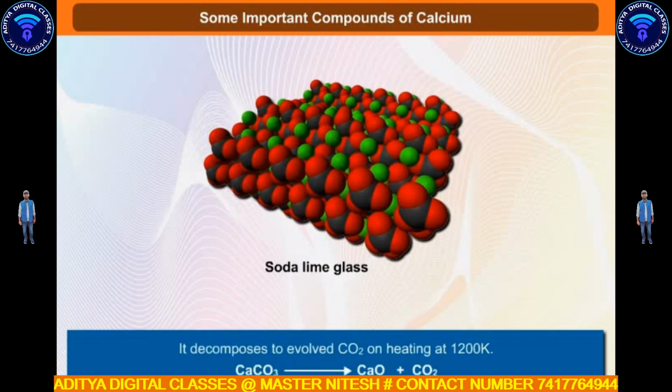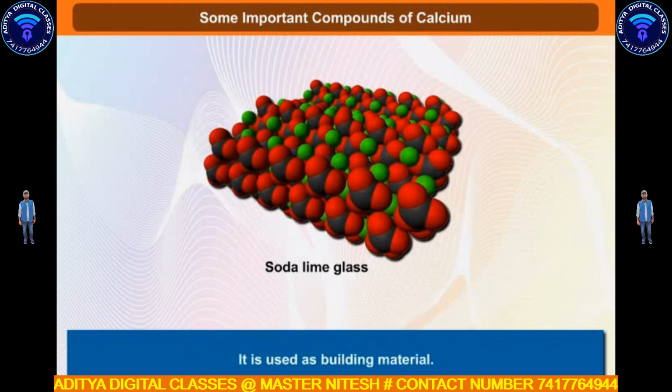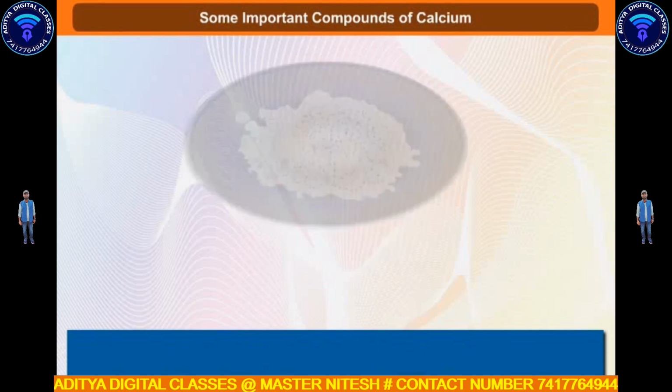It decomposes to evolve carbon dioxide on heating at 1200 Kelvin. It reacts with dilute acids to liberate carbon dioxide. It is used as building material. It is used as an antacid and a mild abrasive in toothpaste.